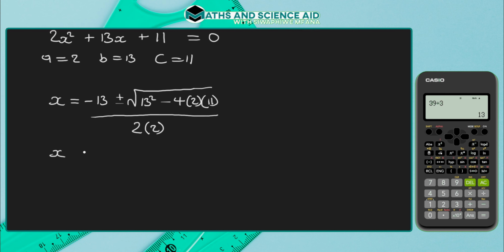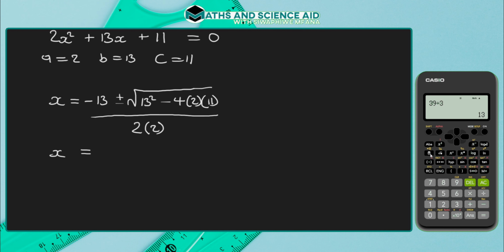So after this, we can just punch all of this into the calculator and see what we get. And of course, I did not write down the quadratic formula here, but if you are going to use it, I would advise that you write the formula down first and then show the substitution.